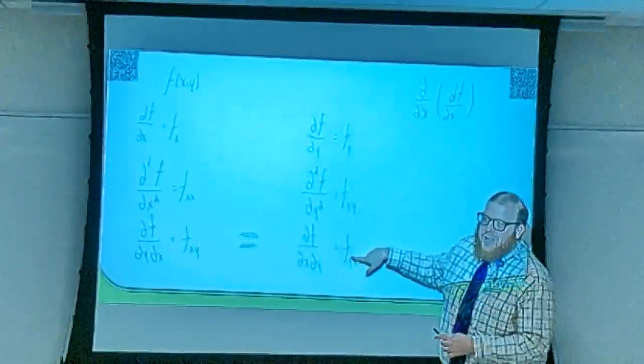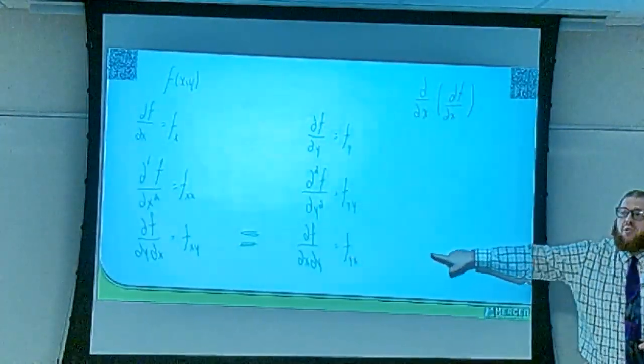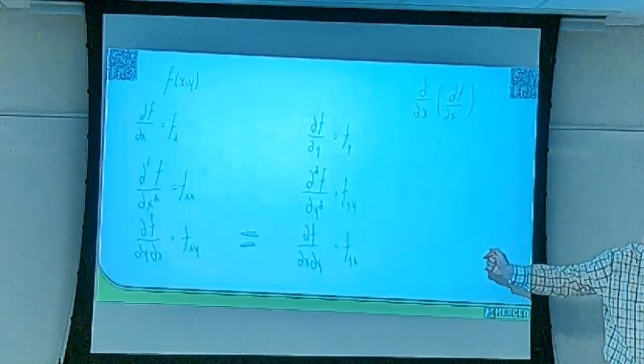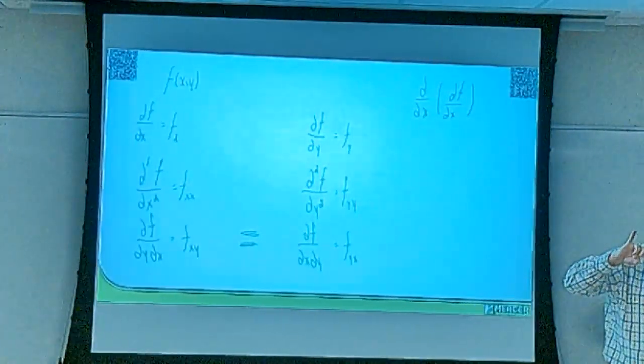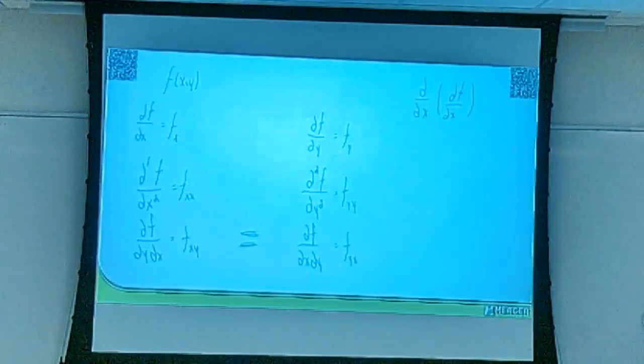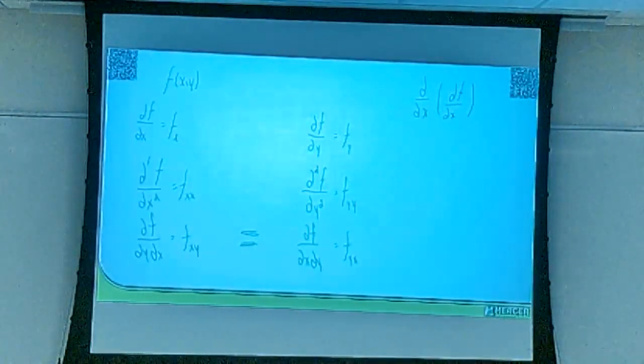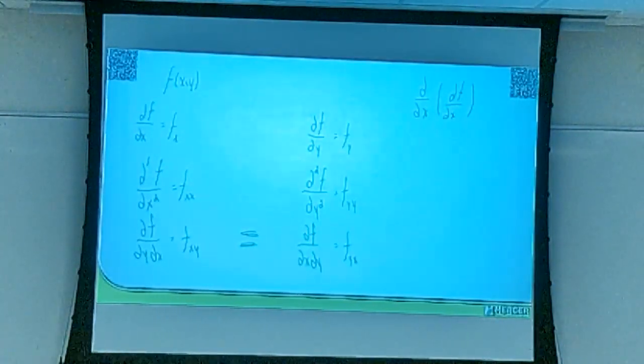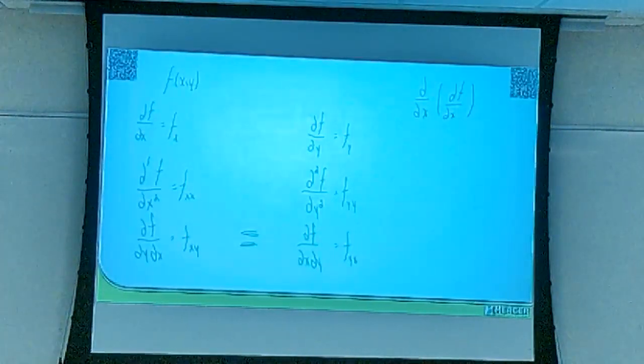Oh. However, it's not 8 distinct, because the order in which you do the mixed partials doesn't matter. So for finding out how many partials there are, non-distinct, you just take how many variables you're working with, raised to the order. Okay. So if you're dealing with 4 variables and you're asked for second order partials, you have 16 of them.